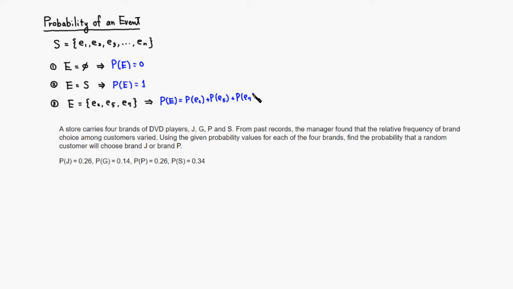So regardless of empirical probability or theoretical probability, once you have the probability assignment to each outcome, we should be able to compute this probability.